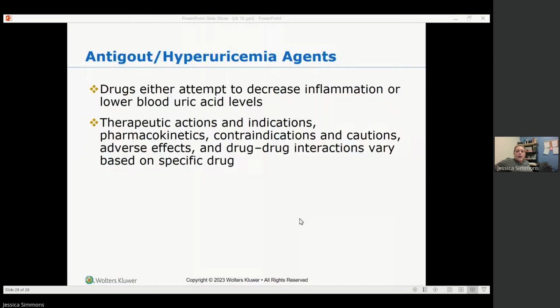These drugs have an increased risk for renal calculi. So you want to make sure that your patient is adequately hydrated and getting 2 to 3 liters of fluid a day to make sure they're flushing out the uric acid from the kidneys and it's not accumulating within the kidney.